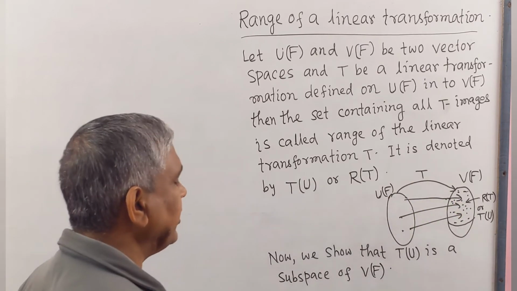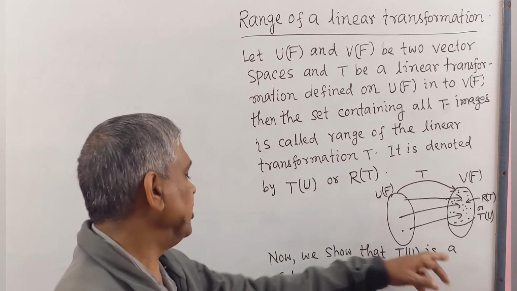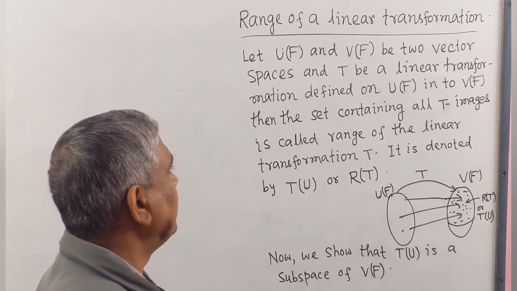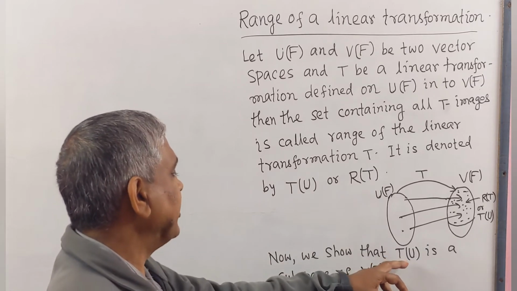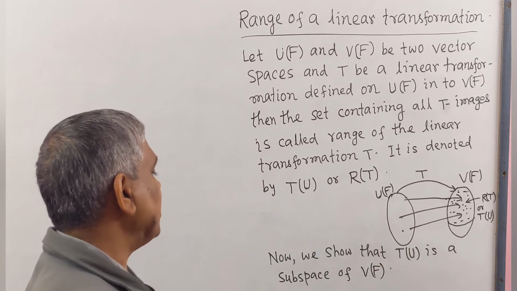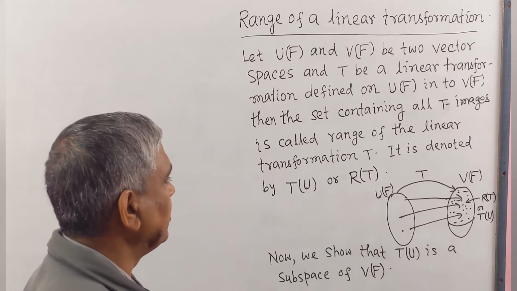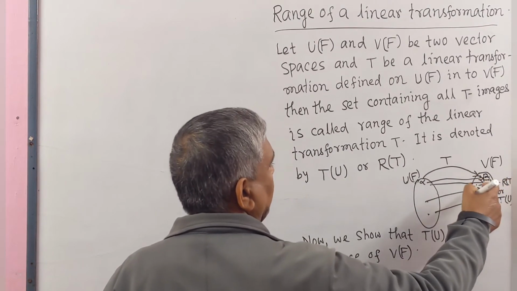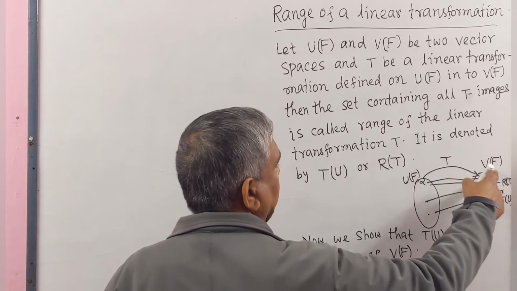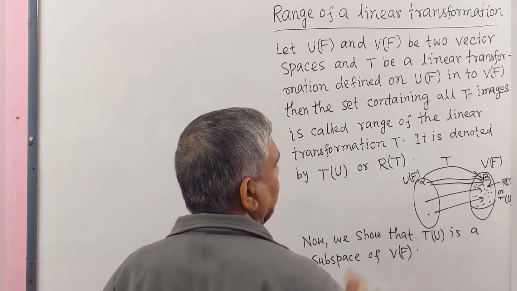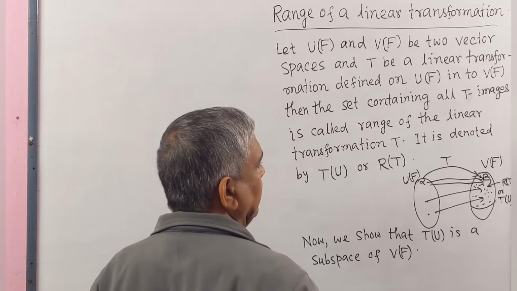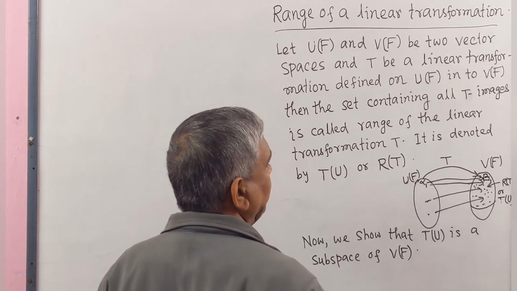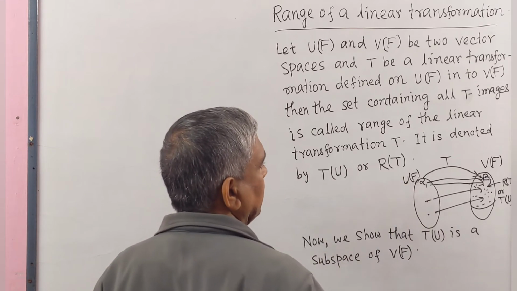Now we show that T(U) is a subspace of V(F). That means range of the linear transformation is a subspace of V(F). Now let beta 1 belongs to T(U), means beta 1 is an image of an element alpha 1 belongs to U(F).